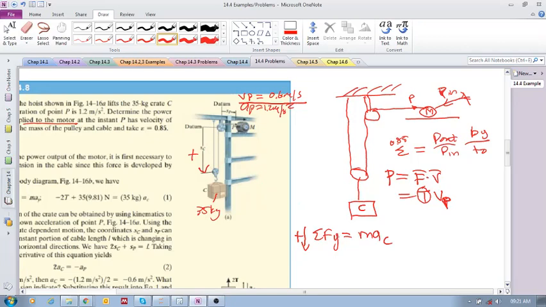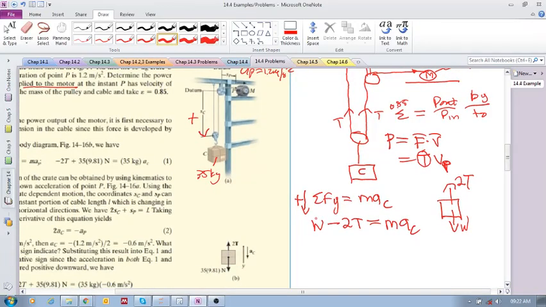Okay, so now, what are the forces acting on the mass of C, this mass over here? We've got weight acting down. If we draw a free body diagram, we've got weight, and we've got 2 times tension, because we've got the tension in the cables. Weight minus 2 times tension, because tension is up and in the negative direction, is equal to mass times the acceleration of C. So it's mg minus 2T.